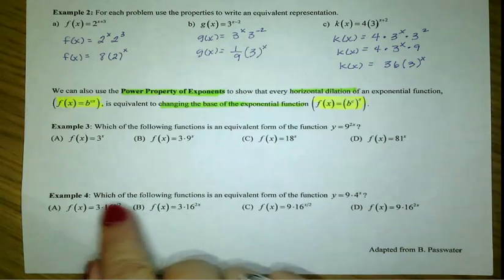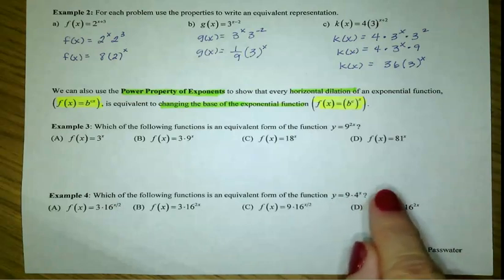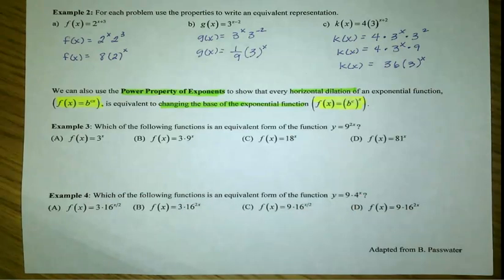Then we're going to look at example 4, and it says which of the following is an equivalent form, and we have y equals 9 times 4 to the x. So then, which of these would be an equivalent form to that? So let's go ahead and pause our video, and I'll give you some time to work on example 3 and example 4, and then we'll come back and compare, and we will have finished the lesson, and we can talk about our takeaways. So pause your video and work through examples 3 and 4.